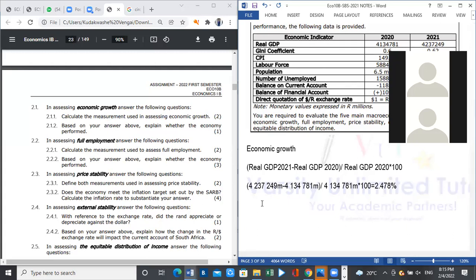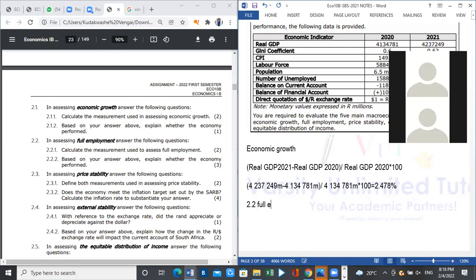You can find 2%, 3%, 4%, 5%, etc. Depending on the targets, it's a good thing to have any economic growth. Any positive economic growth calculated from any economy is a good performance. So basically, we can say that the economy performed well.